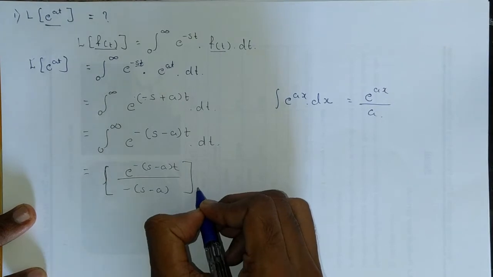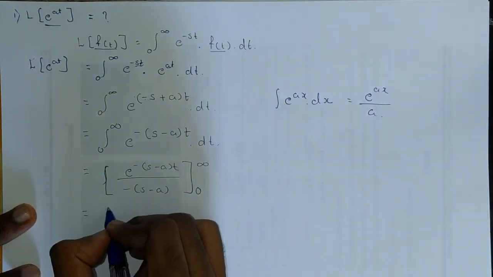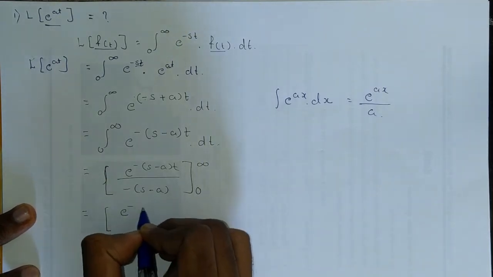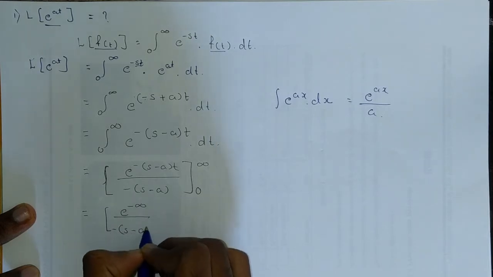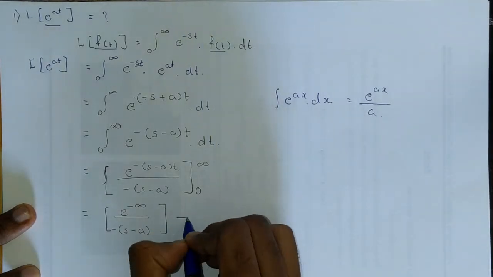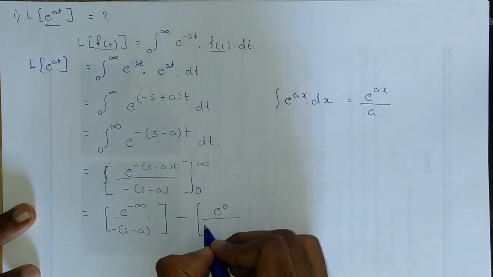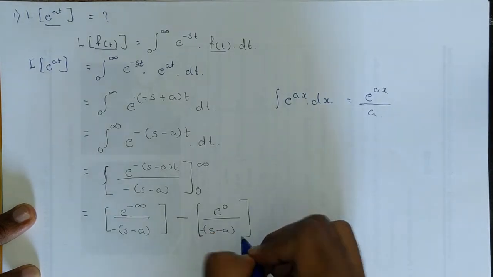The limit tends to 0 to infinity. Now we will put the limit inside. So we get e raised to minus infinity upon minus s minus a, minus sign e raised to 0 upon s minus a. Here minus sign is remaining.